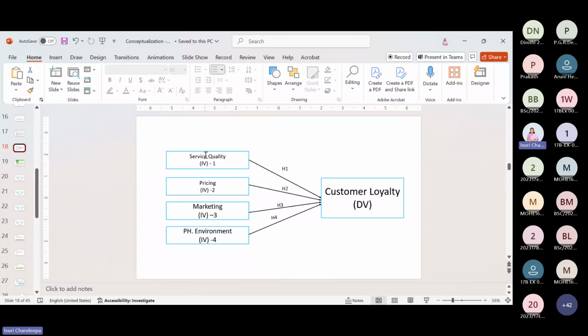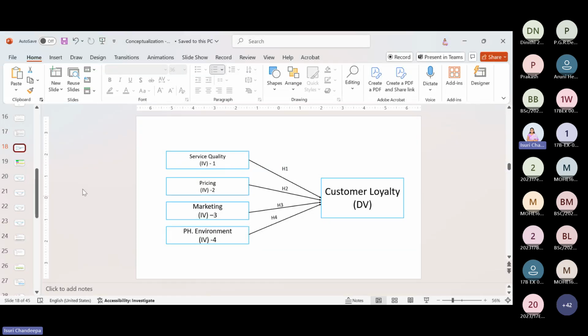There are 4 independent variables under the marketing mix: service quality, pricing, marketing, and the environment. So these are the 4 factors coming under the marketing mix. We are going to test those 4 independent variables with the dependent variable customer loyalty. Right.